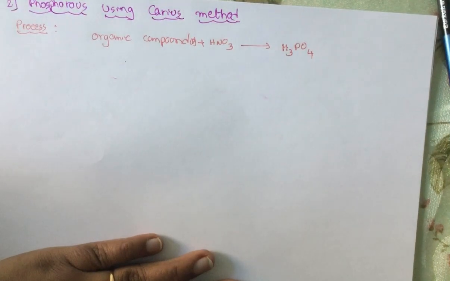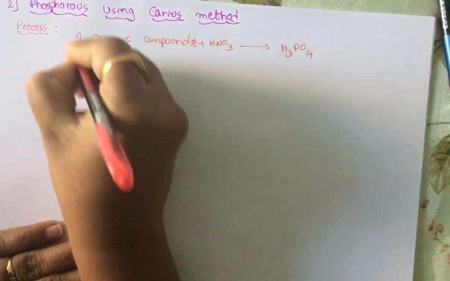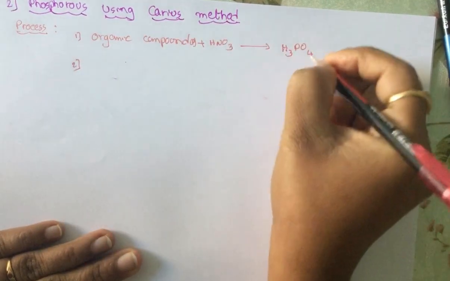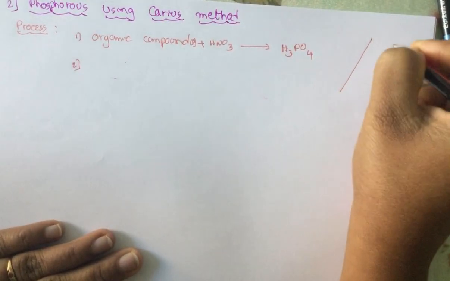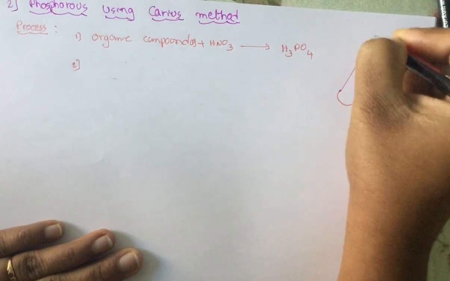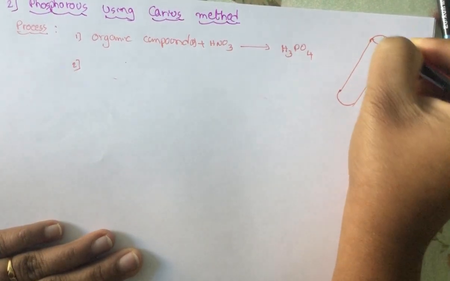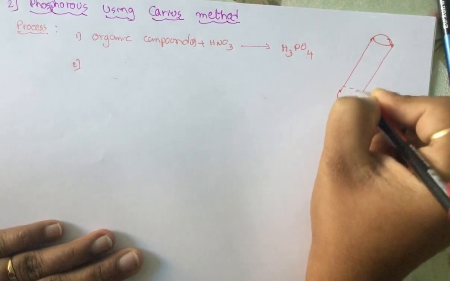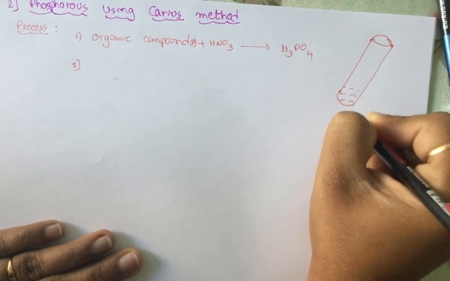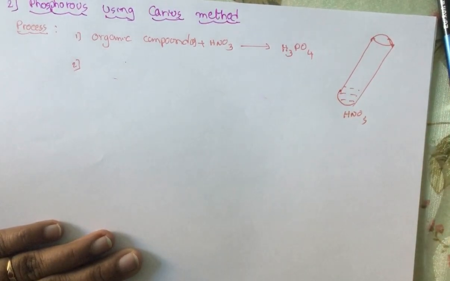Okay. In the first step, it is converted into phosphoric acid. So now, it is taken in a reactant like a test tube, having HNO3 in it, and you add the sample to that.